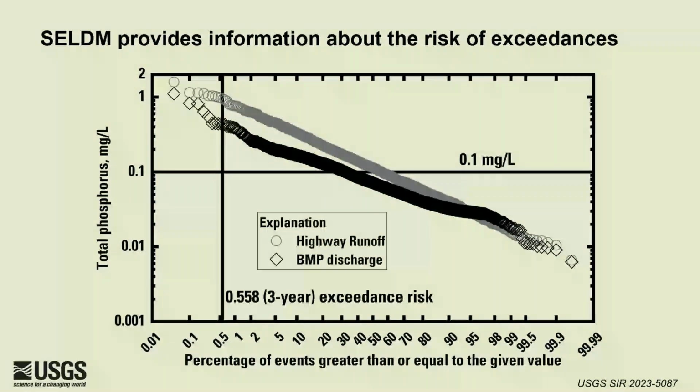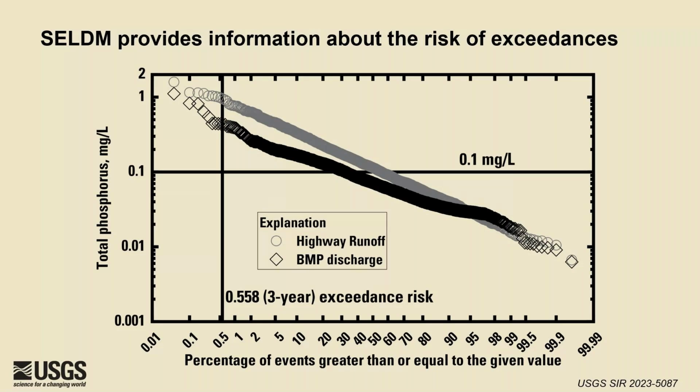So in this case, the highway runoff discharge without a BMP is likely to exceed that concentration for about 50% of the events simulated. And then the highway discharge with a BMP will only exceed 0.1 milligrams per liter in about 35% of events.